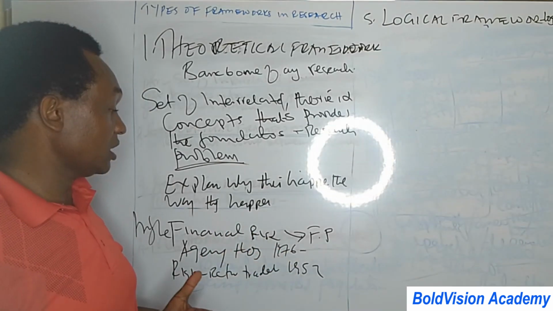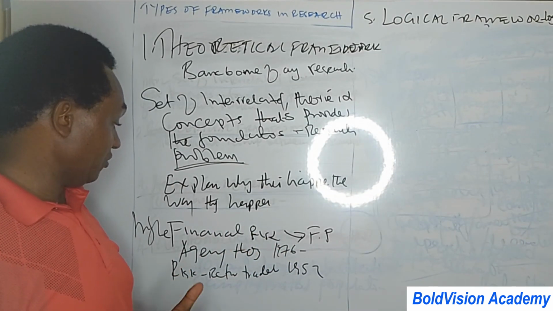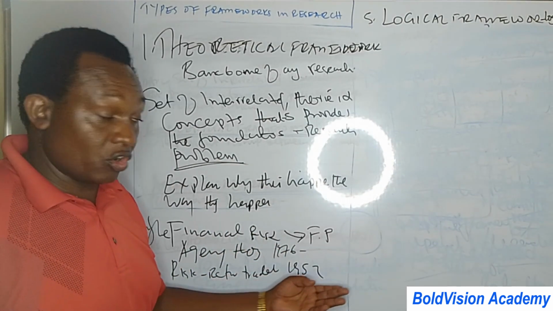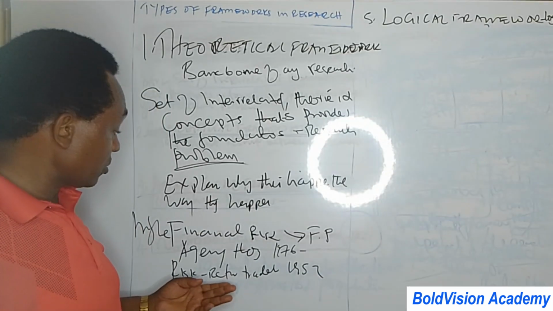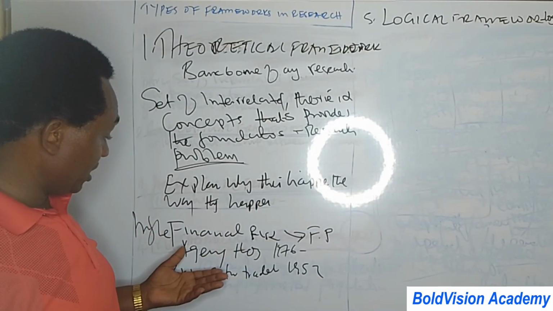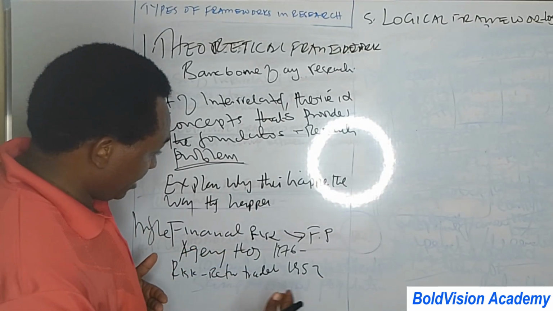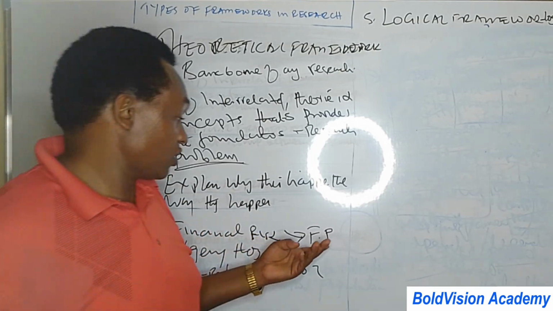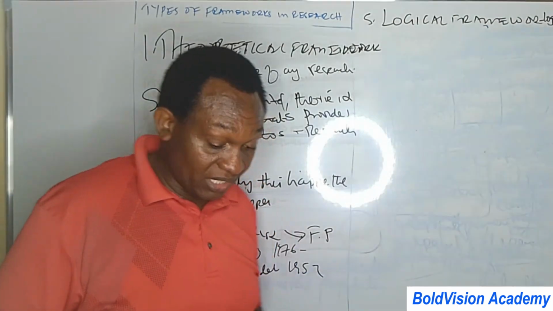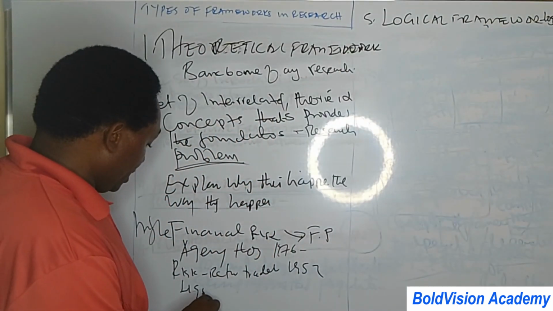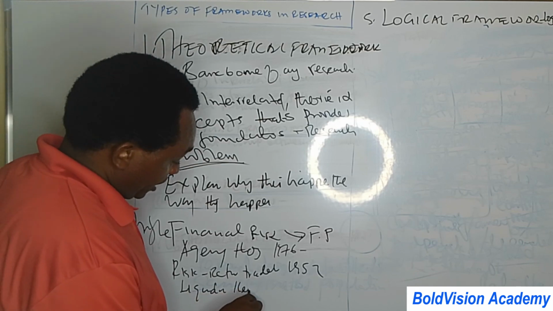Those people who risk more in their investment get higher returns or low returns. So we want to see, if an organization takes high risk, what will be the implication for their financial performance.